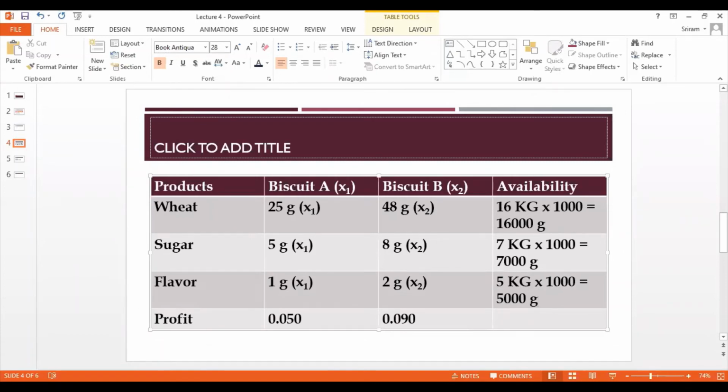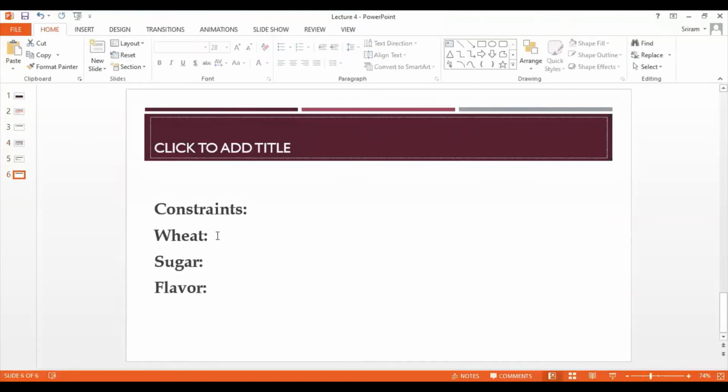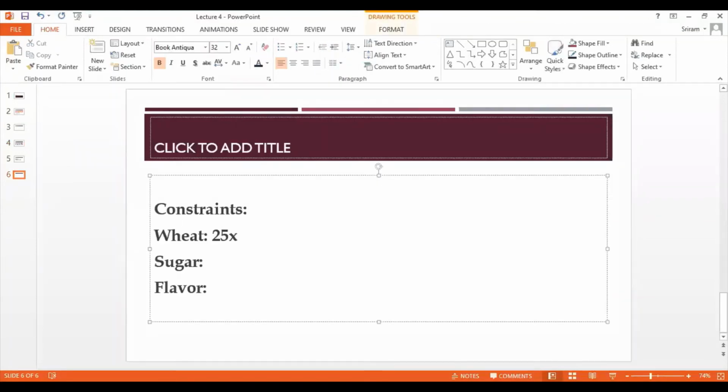Once I find this, I am going to make it straight now. For wheat, this is 25x1 plus 48x2. For sugar, 5 and 8. Flavor, 1 and 2.